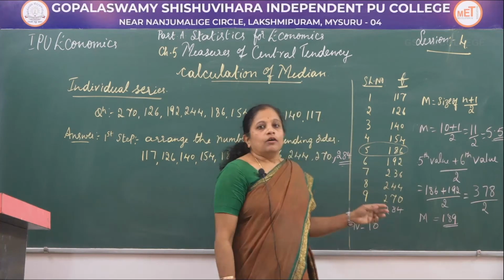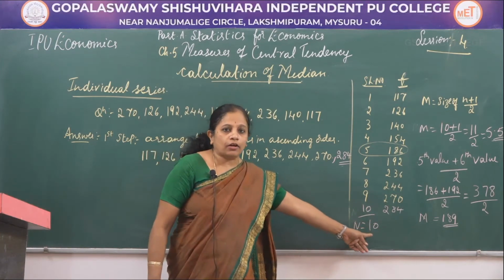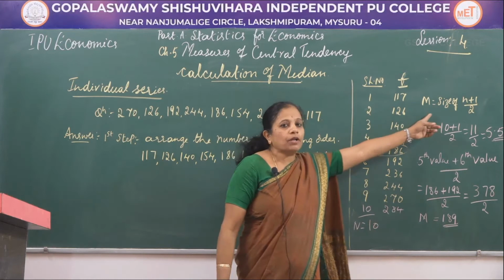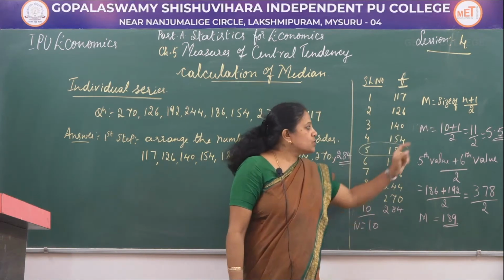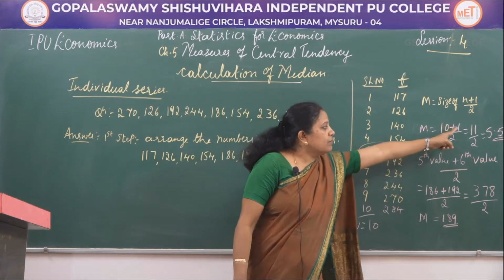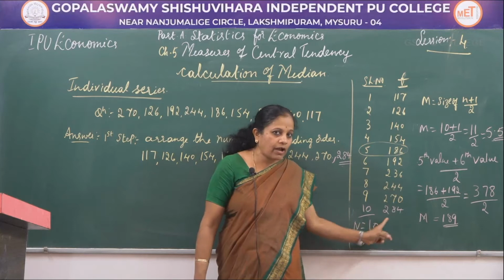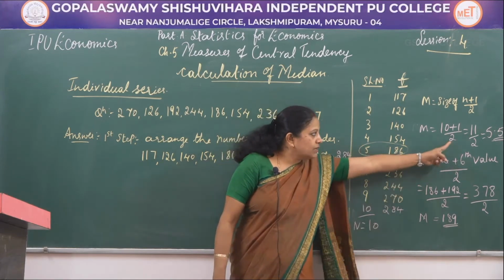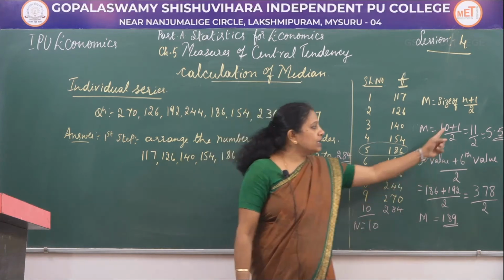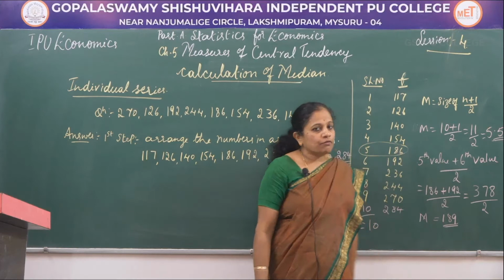Let us see that. For that, now we have to calculate the median for the even number. The formula is the same, size of the (n plus 1) divided by 2. So n equals 10 plus 1, because here we have one more number, that is 284 is now added, just to show an example to you. So 10 plus 1 divided by 2. 10 plus 1 is 11 divided by 2, it becomes 5.5.